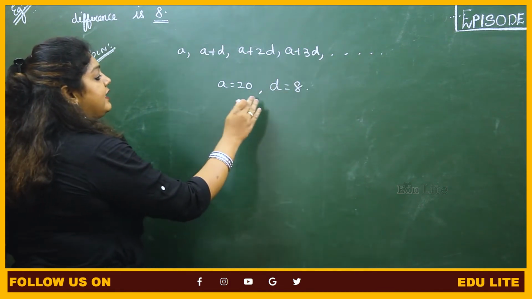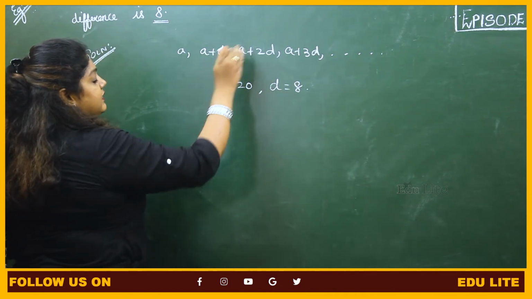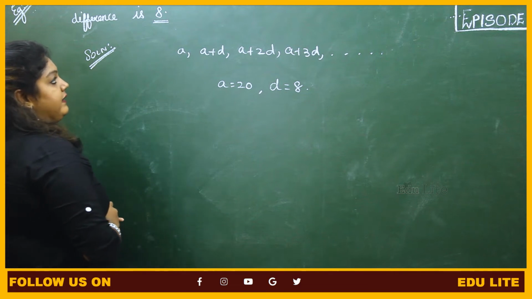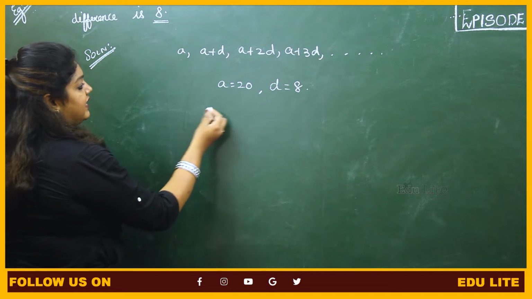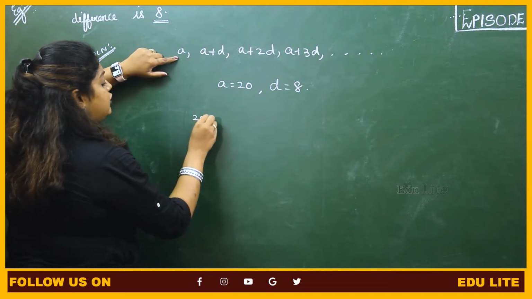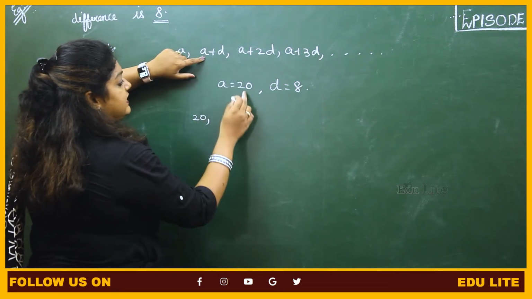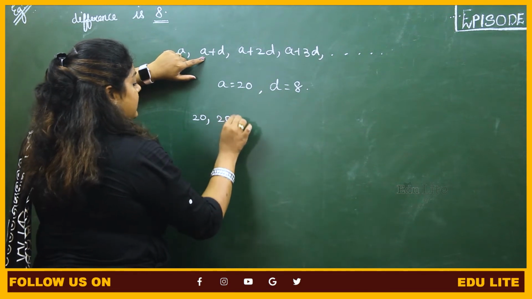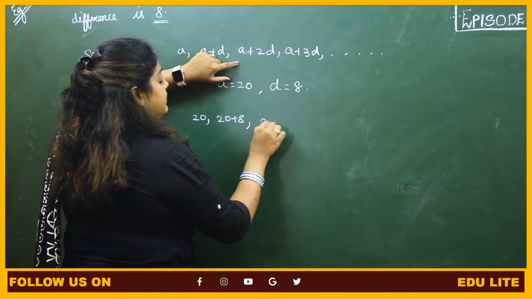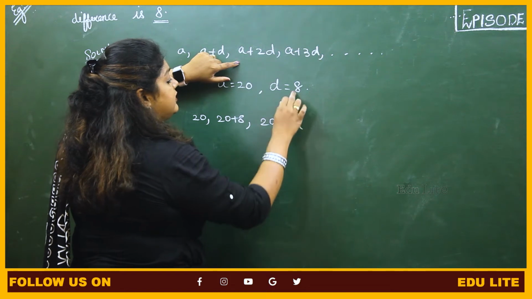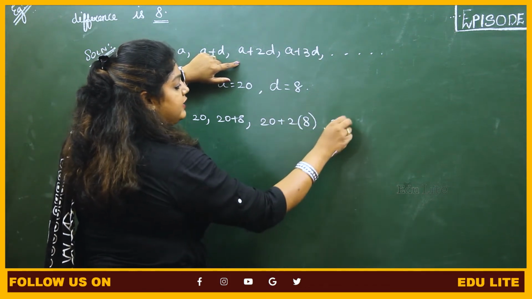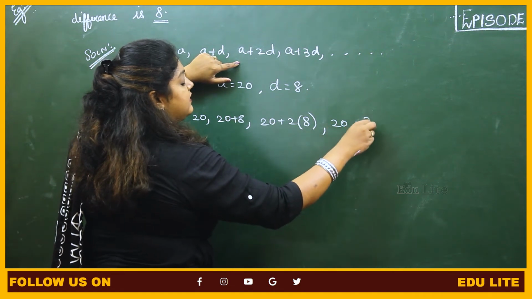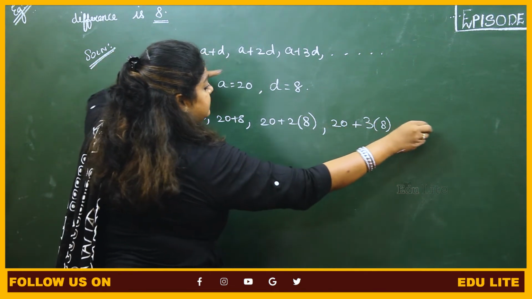So, we will substitute the values of A and D in the above sequence. We can write the AP for the given two values. First, the A value is 20. Therefore, 20 comma A plus D, in the sense 20 plus 8. Next, 20 plus 2 into 8 comma 20 plus 3 into 8, etc. It goes on.